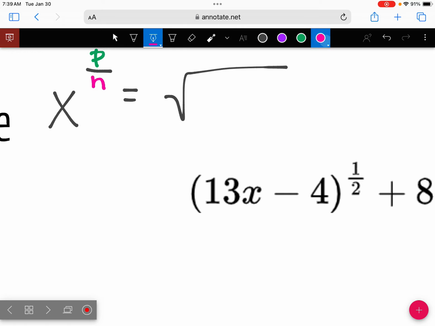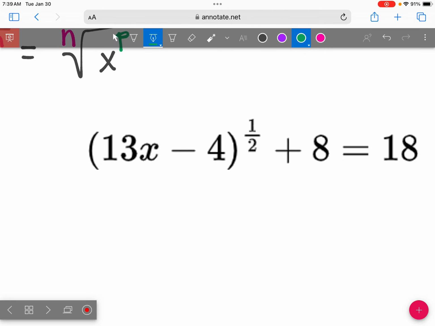So it's the same thing as an index here, x to the p. So our index is the denominator in the fraction. So if you don't like these fraction-y exponents, you can switch this around.